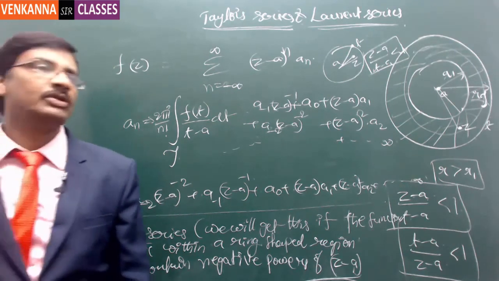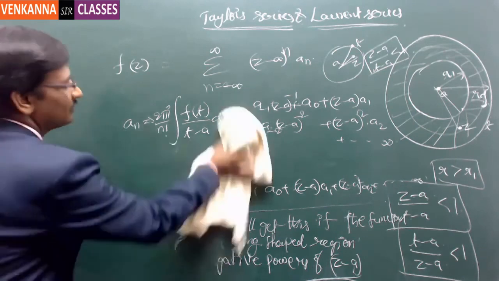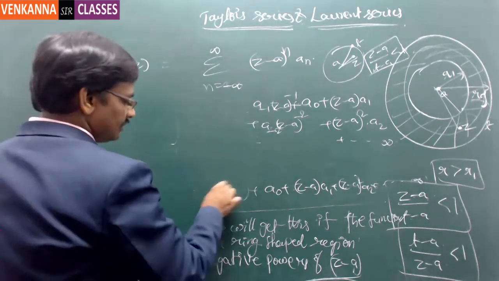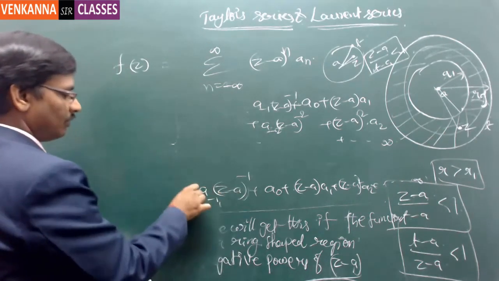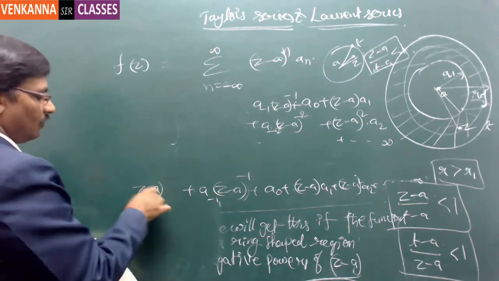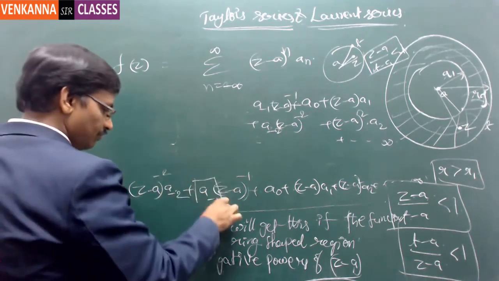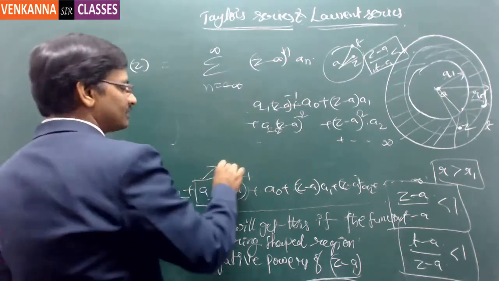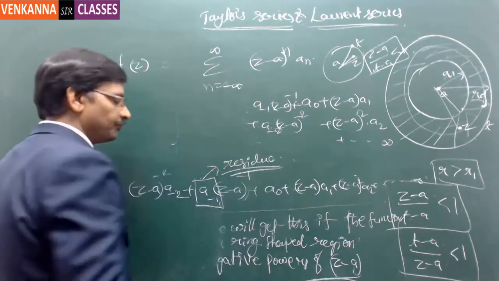So this is about the Taylor series and Laurent series. Now we are going to solve some problems on this. One important property is (Z minus A) whole power minus 1 into A minus 1, plus (Z minus A) whole power minus 2 into A minus 2. Here this A minus 1 plays a very critical role. This is what we name the residue.